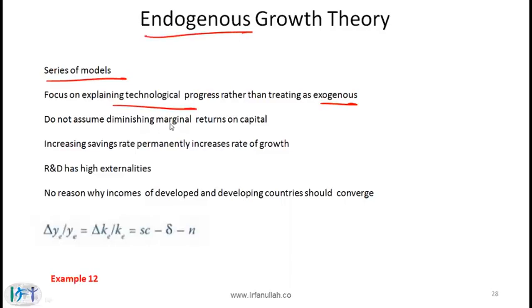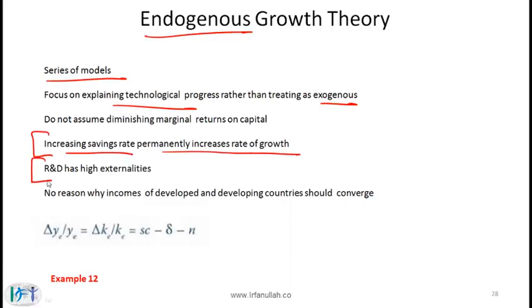The technology is endogenous to the model. Now this theory does not assume diminishing marginal returns on capital. It also says that increasing the saving rate permanently increases the rate of growth.